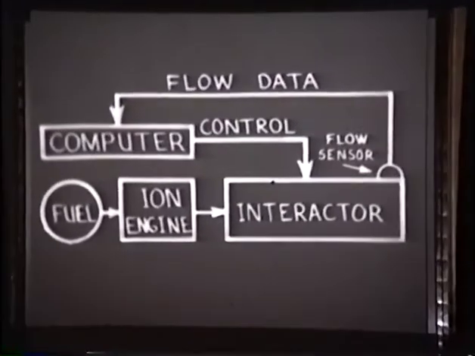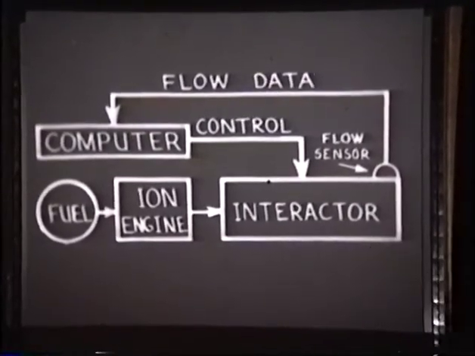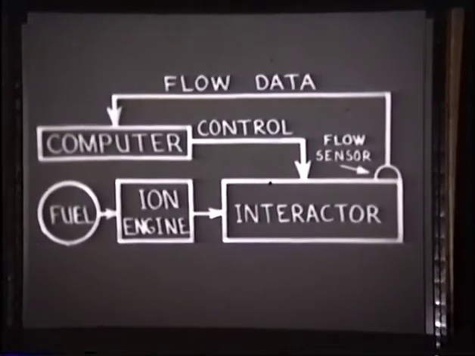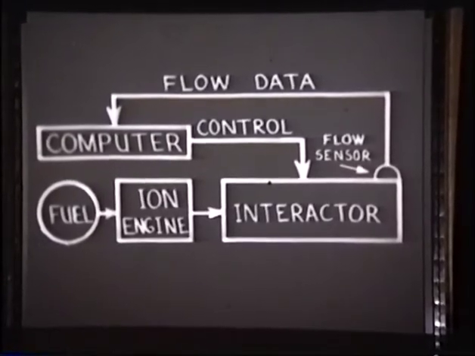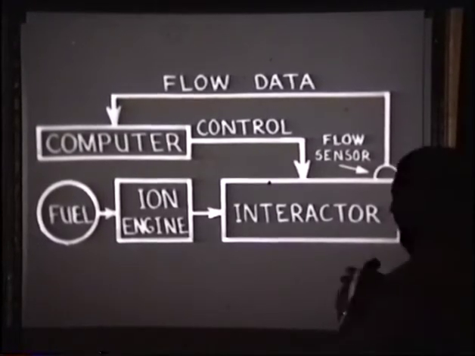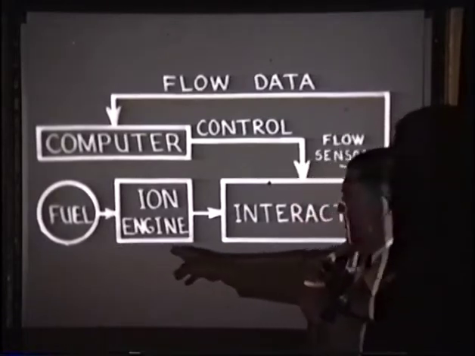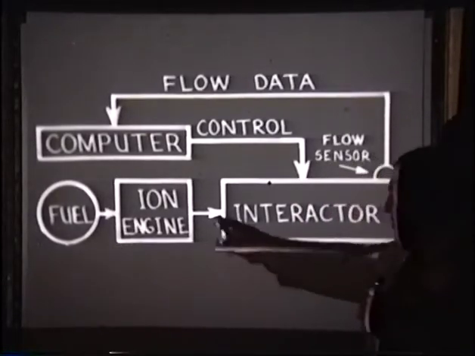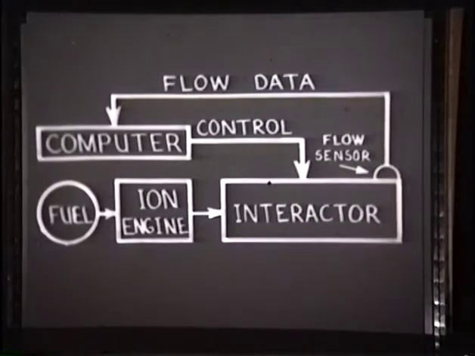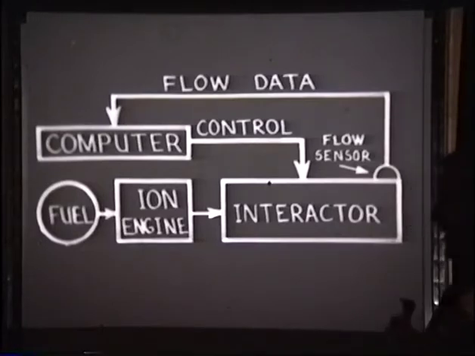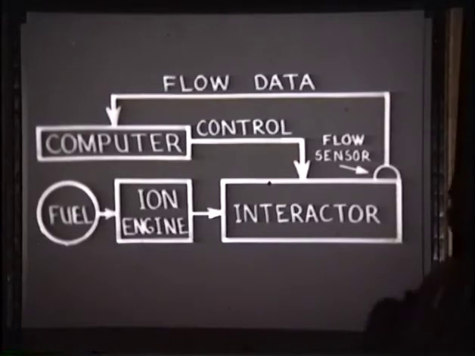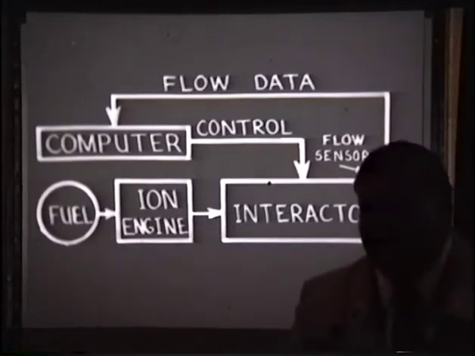The interactor assembly, you have a flow sensor over here which provides information to the computer, which controls the behavior of the interactor. You have your fuel over here, which is converted to plasma by the ion engine, injected into the interactor, which is essentially a long array of magnetic accelerators which use something called mutual field hyperdeclension.